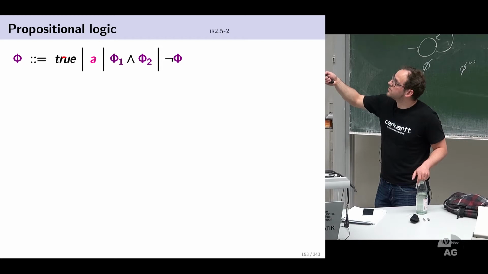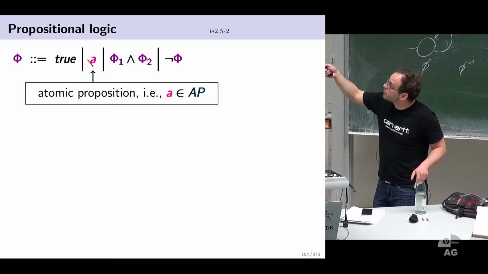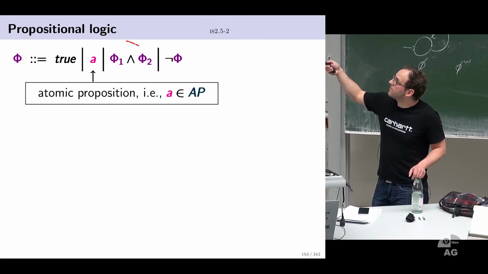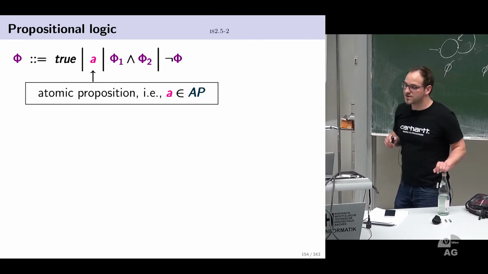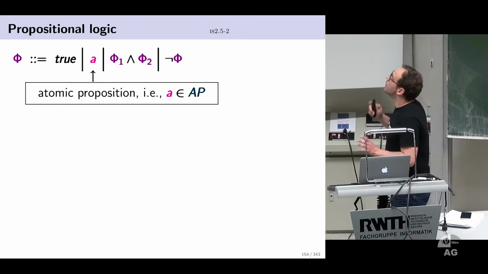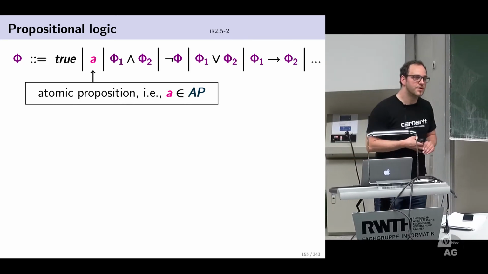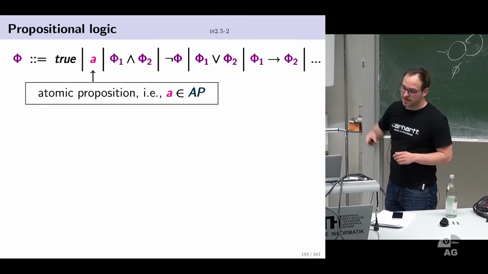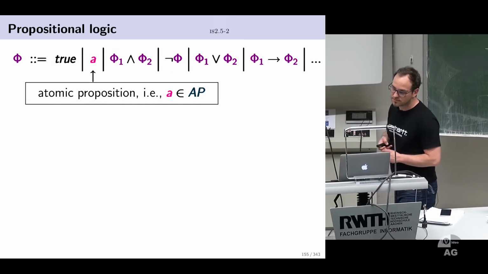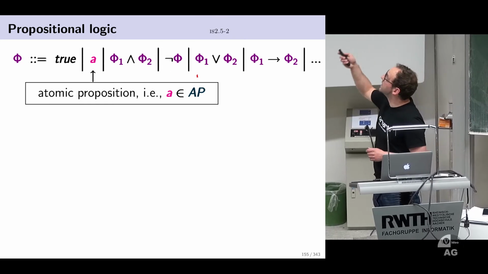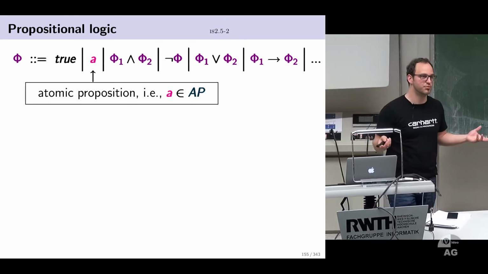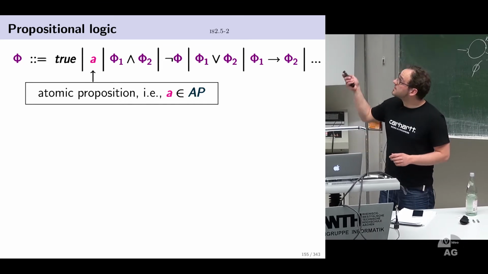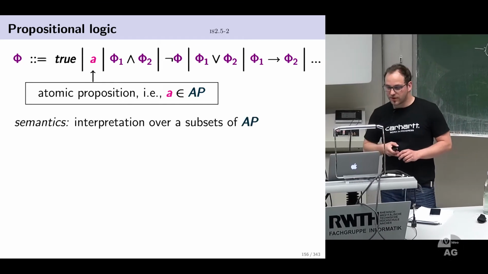It can either be true, it can be an atomic proposition, it can be a conjunction of two formulas, and it can be the negation of a formula. Of course, you can derive a lot of other operators from this, but negation and conjunction are already functionally complete. But you may, for example, in exercise sheets, also use the usual Boolean connectives. That's fine. Okay, so that's the grammar for propositional logic we're going to use.